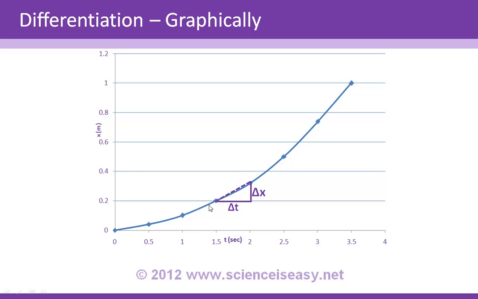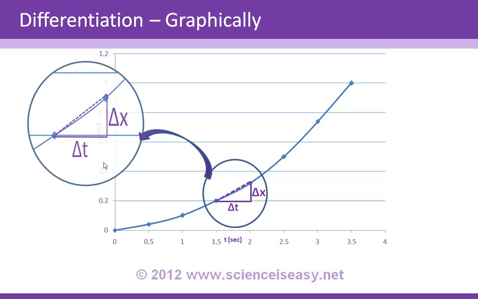So tan theta of tangent is slope of the curve. Yeah, you are right. Differentiation graphically means slope of the curve. But let's zoom in on this curve again. When I am zooming, this is what I see. You thought this is tangent, but this is not exactly a tangent. This is crossing the curve.